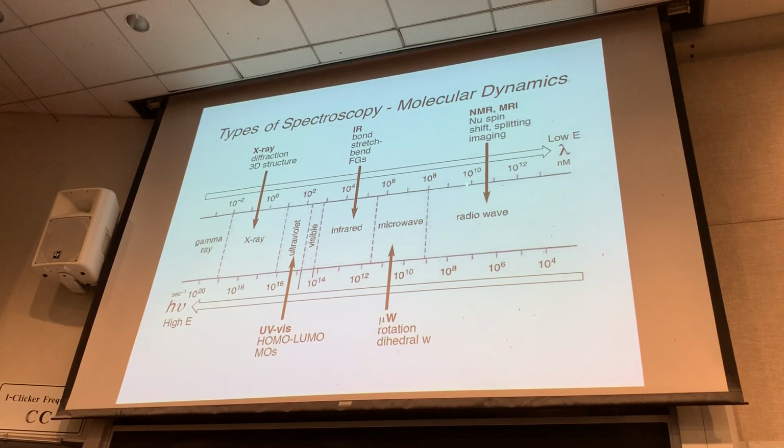Those will be radio waves. That has to do with nuclear spins, which are very low energy, very long wavelength. Then we have microwave for dihedral angles, the rotation, gauche and anti and all that good stuff. Eclipse rotation, that's microwave spectroscopy. Right now we're talking about IR for the functional group. So let's get right into it.